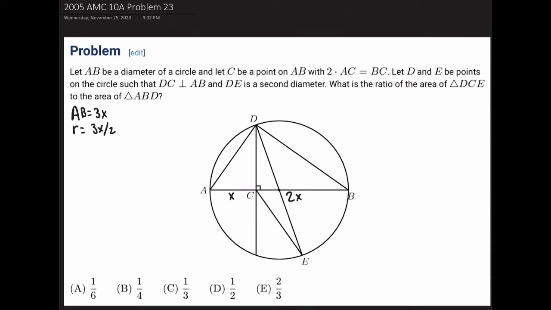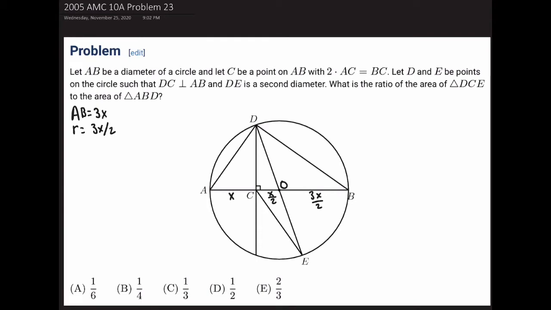I'm going to label the center of this circle O. And so if BC is 2x and this radius part, BO, is 3x over 2, it means that OC is going to be x over 2, because 3x over 2 plus x over 2 is just 4x over 2, which is just 2x.